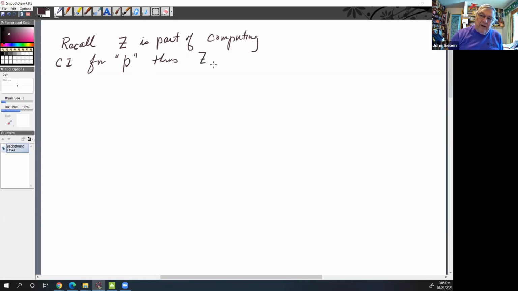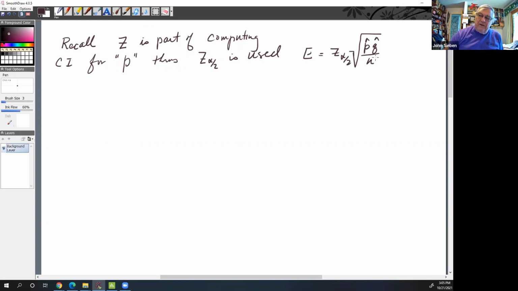And thus a Z alpha by 2 is used, and you know where it's used. You multiply Z alpha by 2 to get E. You multiply Z alpha by 2 times the square root of P hat Q hat over N. Actually, let me remark right now that it turns out that this square root is the standard deviation of the statistic P hat.